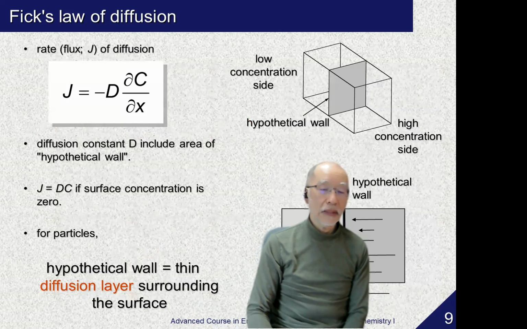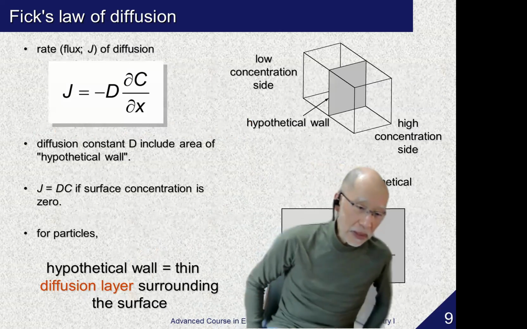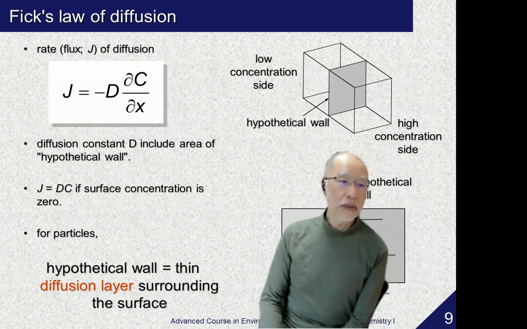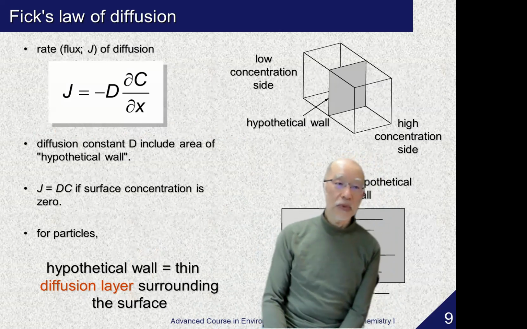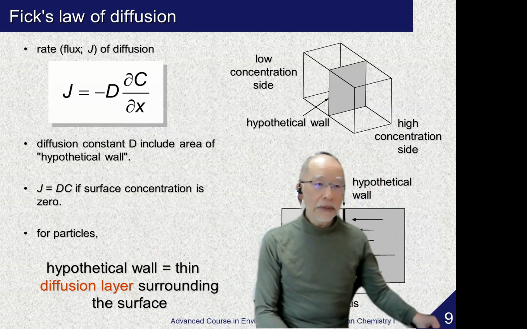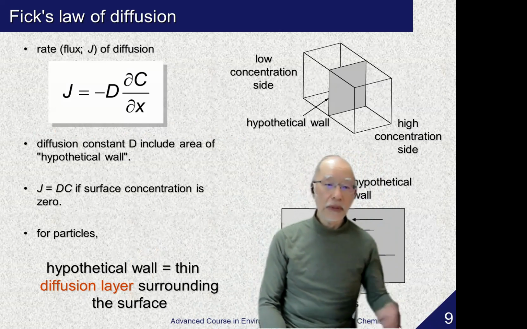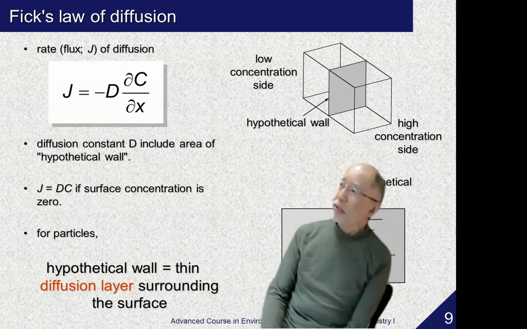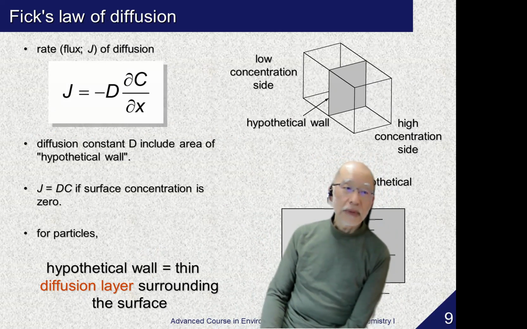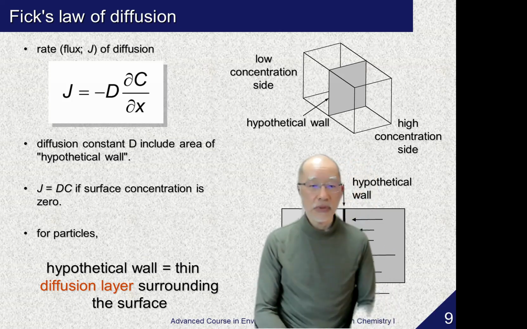And many students said that this was the first time to learn about Fick's law of diffusion. This is a very simple and very clear equation, Fick's law, like the Langmuir adsorption isotherm.